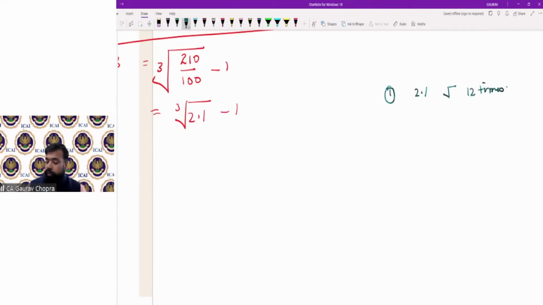So 2.1, then root 12 times: 1, 2, 3, 4, 5, 6, 7, 8, 9, 10, 11, 12. Second step is subtract 1. Third step is we have to do cubic root, so divide by 3. Then fourth step is plus 1.